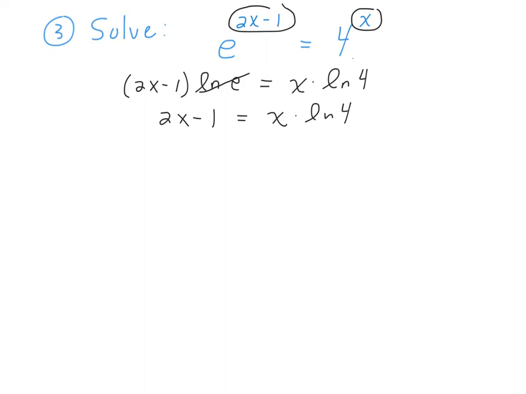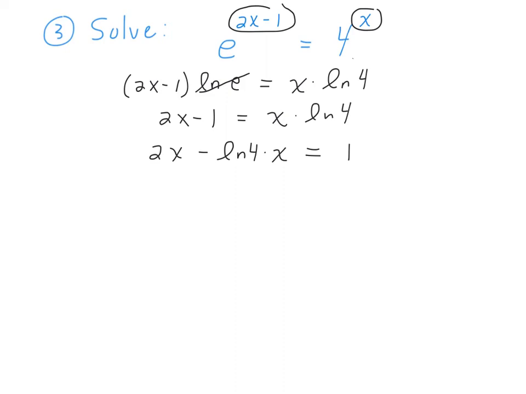So let's group our x terms on one side and our non-x terms on the other. Well, we have a 2x, and I can subtract over this, and if you want, we can write this as ln of 4 times x. ln of 4 is just some number, right? And then this minus 1, I'm going to add that over to the right-hand side, so I have a positive 1.